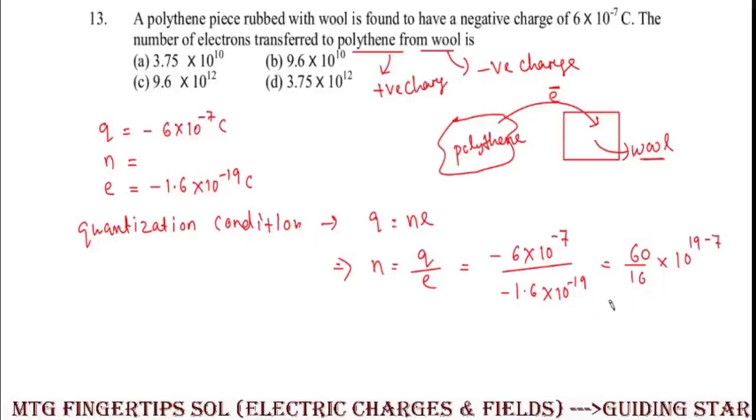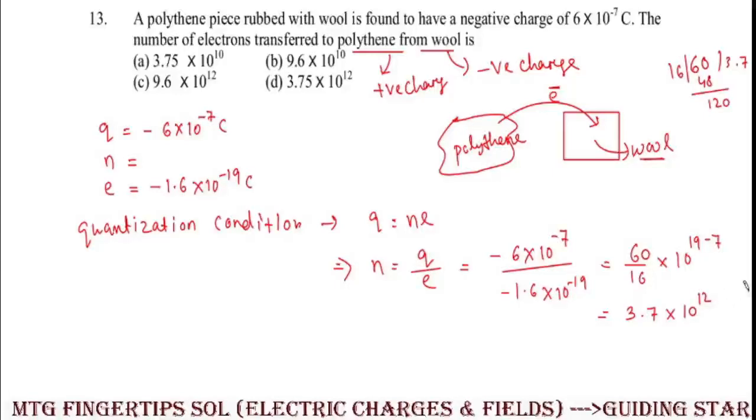So approximately how much does it come out to be? 60 upon 16 will be how much? 16 threes are 48, so it will be 12, then 120, so it will be 7, so approximately 3.7 into 10 to the power 12.